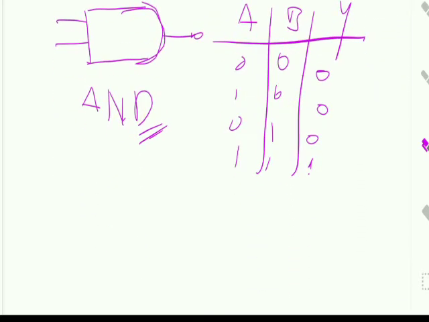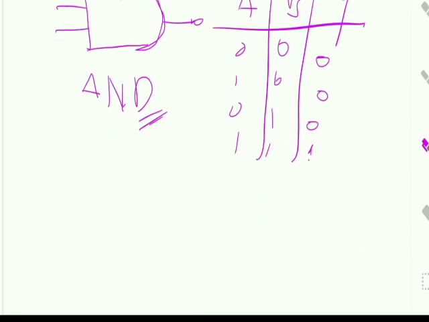The reverse of the AND gate is the NAND gate. So this is the NAND gate, I am using a bubble here. This is the NAND gate.